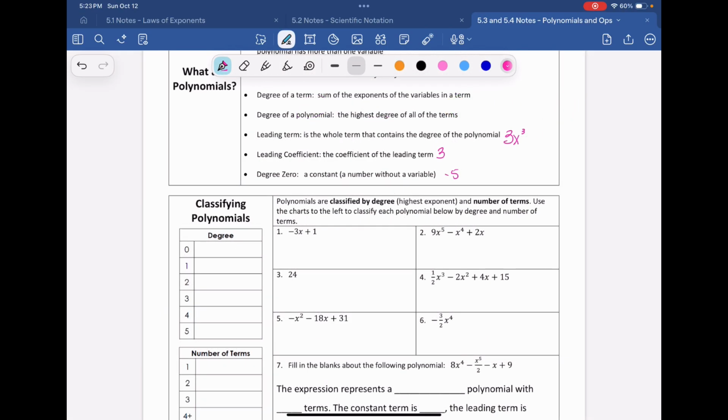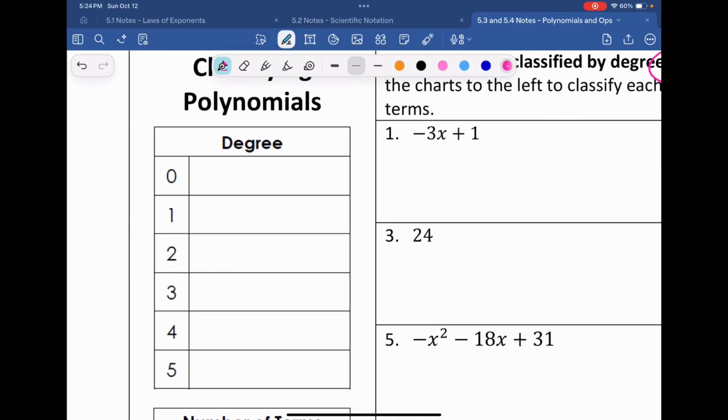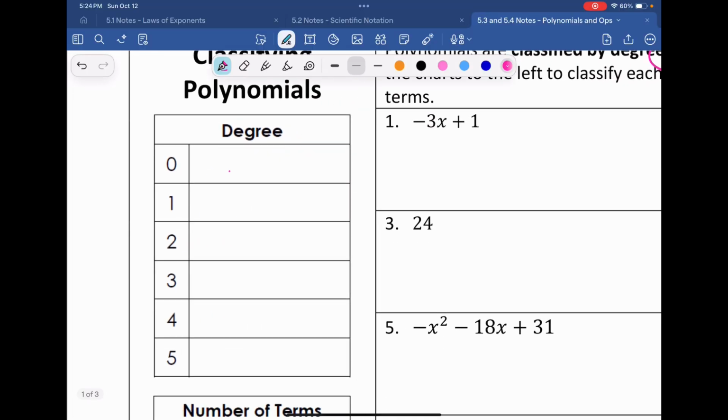You can classify polynomials by degree. That's the highest exponent and the number of terms. So we classify by degree if the degree is 0. Okay, so it's just a constant. It's literally called a constant. Degree of 1, so the highest exponent is 1. This is linear.